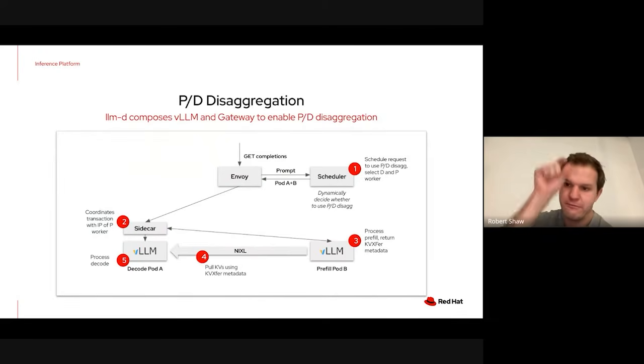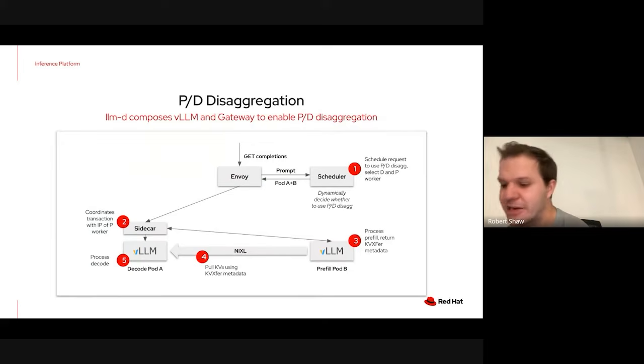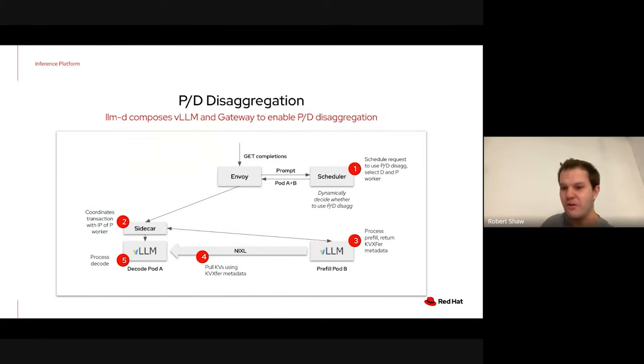The sidecar then forwards the request to the decode worker. The decode worker executes an RDMA transaction to pull the KVs from the prefill pod, and then the decode pod processes the decode.